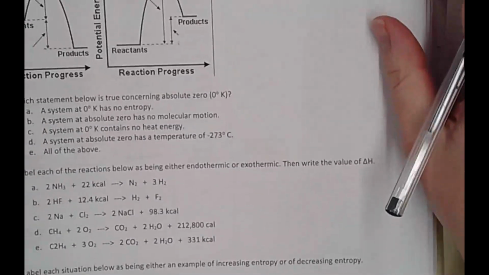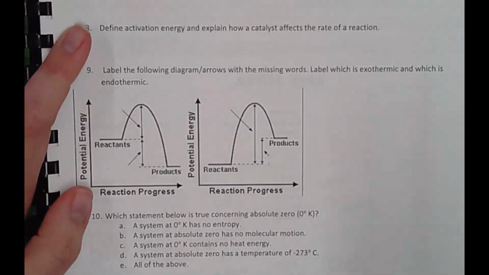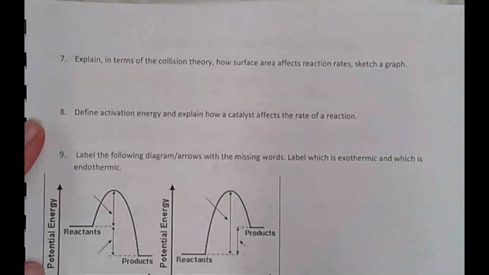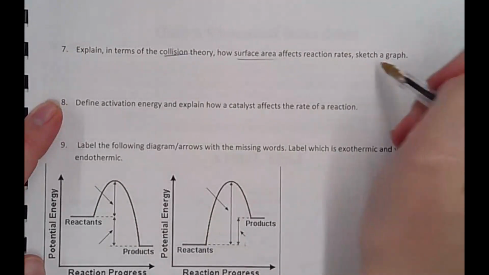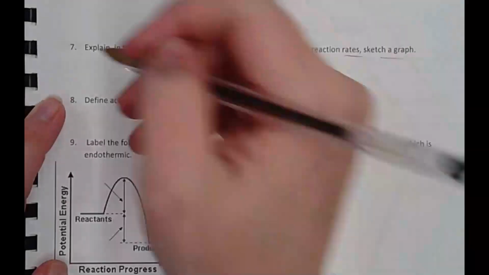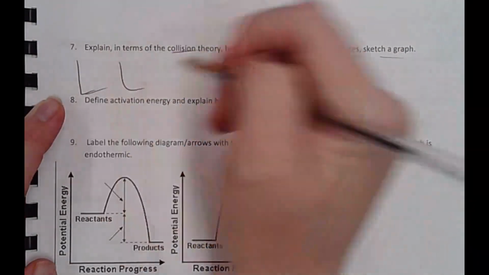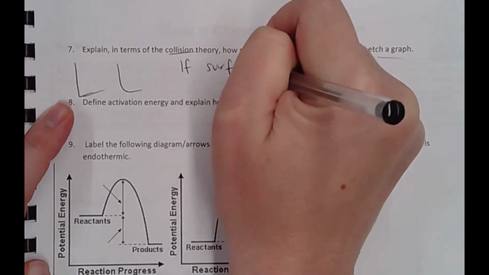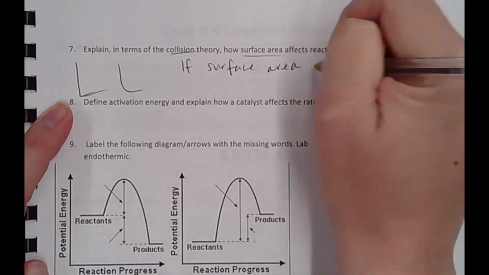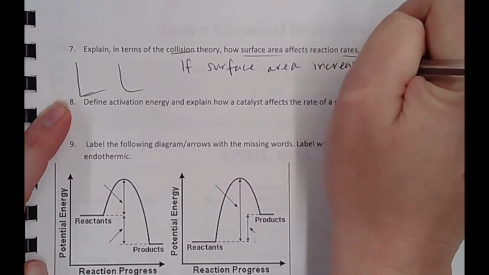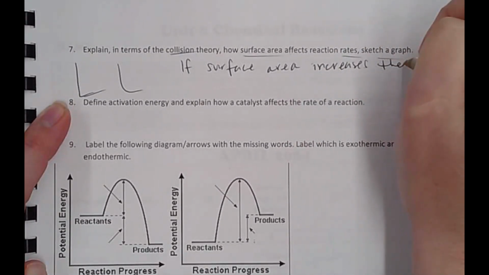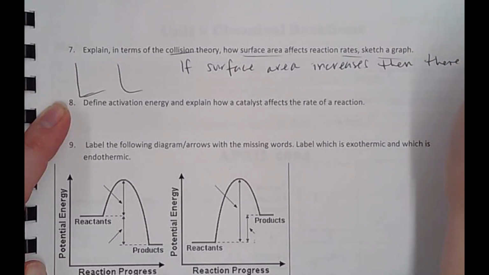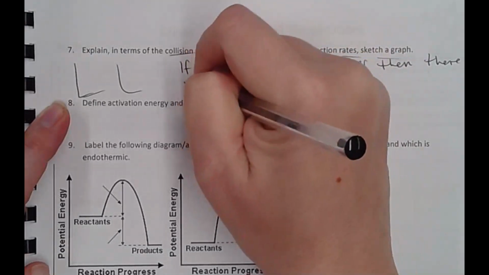Okay. Next question is very similar, except this time it's asking about surface area, affects rate, and sketch a graph. So I'm going to have my graphs here. If surface area increases, then there will be more collisions.